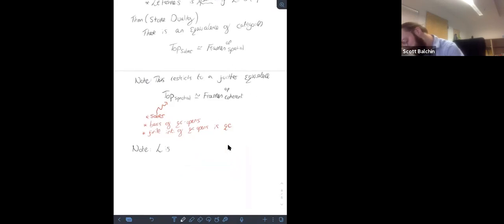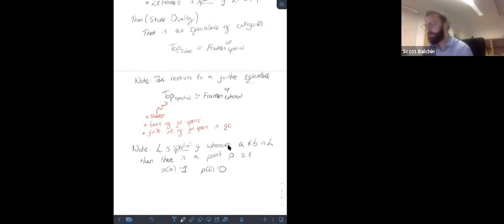So L is spatial if whenever I have the relation that A is not less than or equal to B in the lattice, then there's a point P such that P of A is 1, the maximal element of my lattice, and P of B is 0, the minimal lattice element.